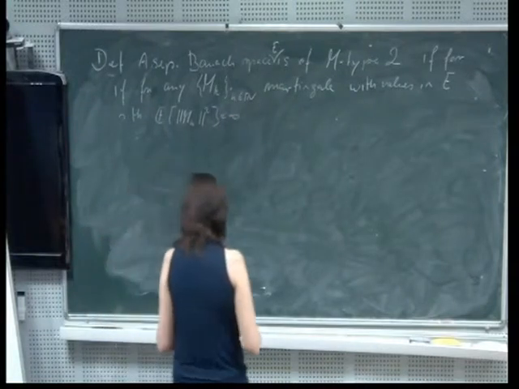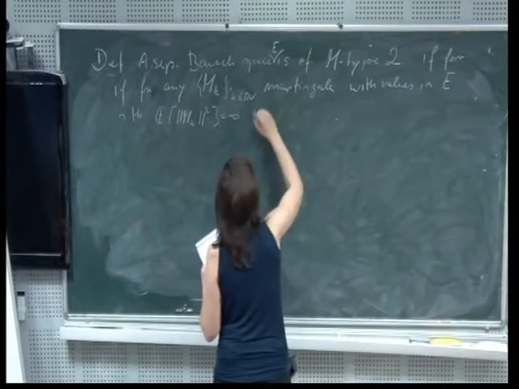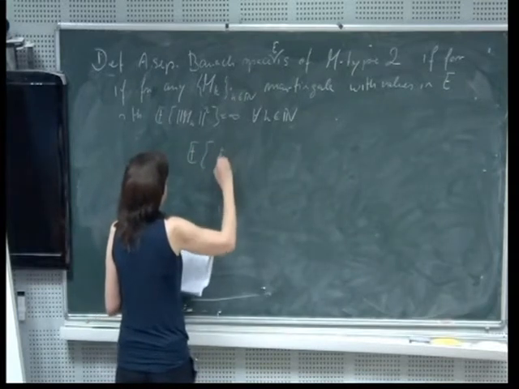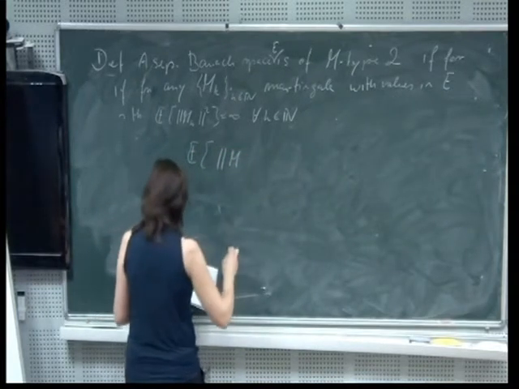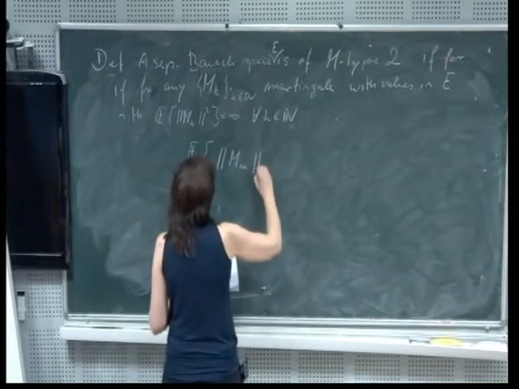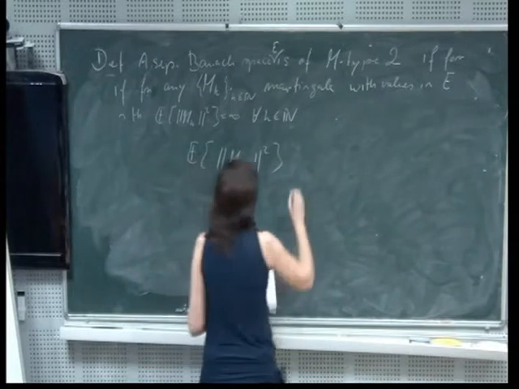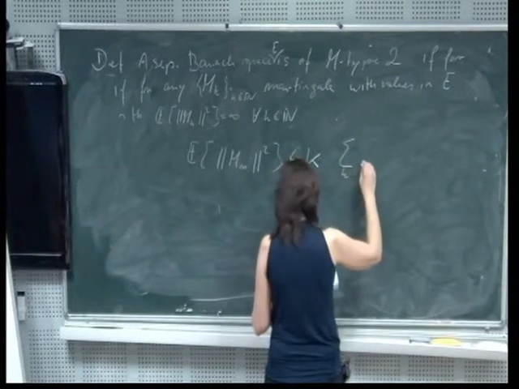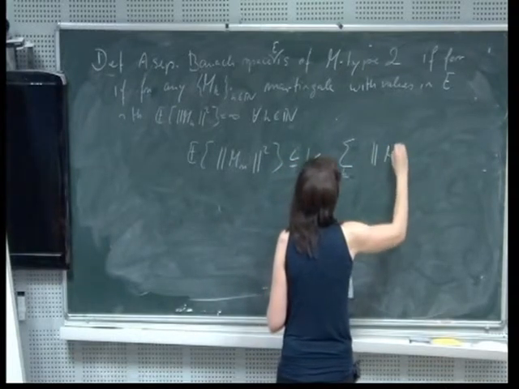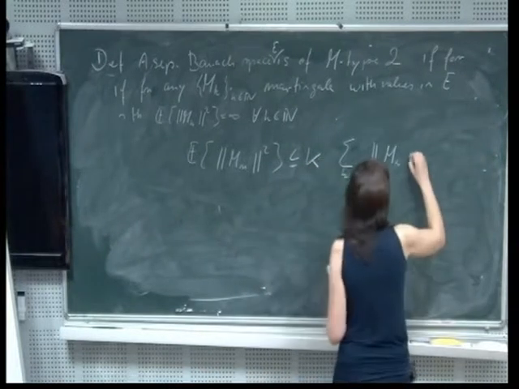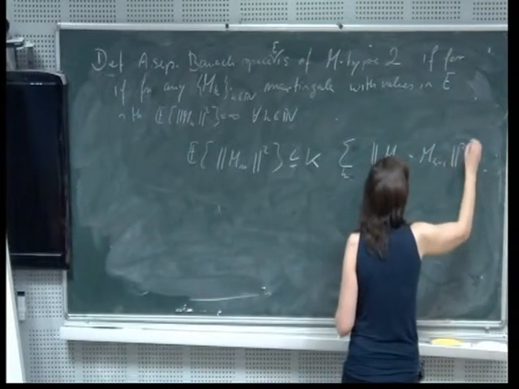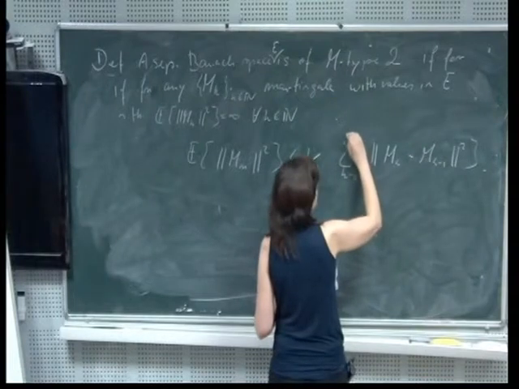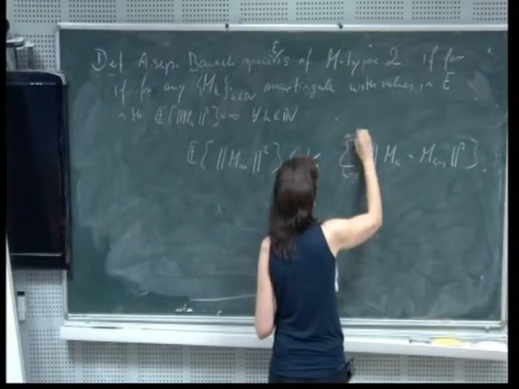it holds that the expectation of the martingale at time n, the second moment, is bounded by some constant K times the sum of the expectations of the norm of M_k minus M_{k-1}, the second moment, for k equal to 1 to n.